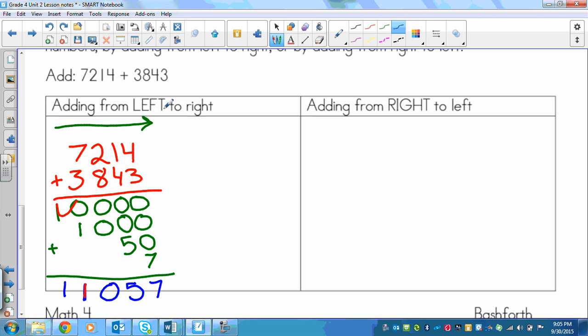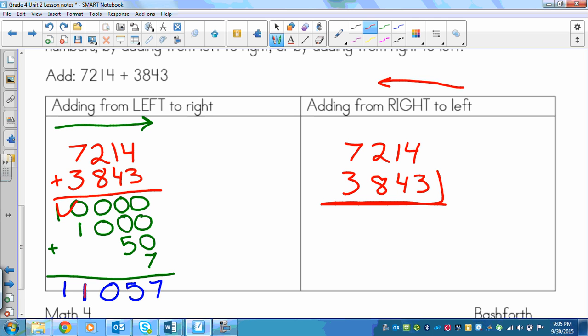And if you move over to the right, now we will try the same question, but from adding from right to left, so this direction now. So again, starting with the numbers, one on top of the other. Making sure to line up.